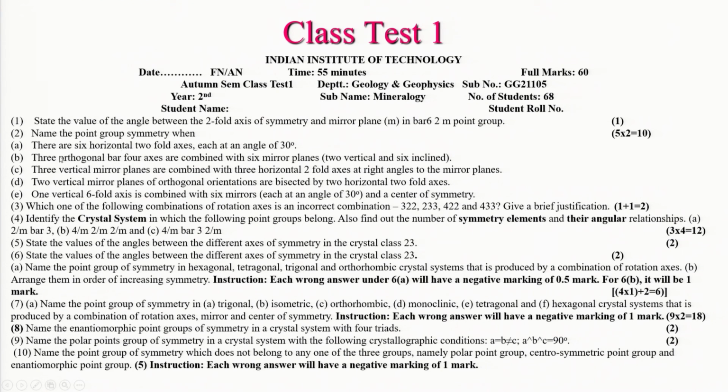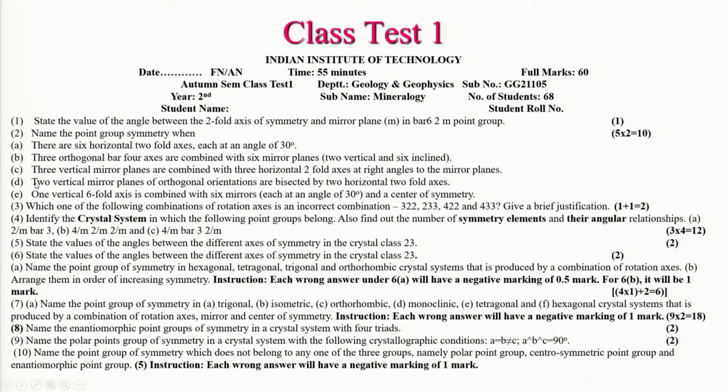B: if 3 orthogonal bar 4 axes are combined with 6 mirror planes, 2 vertical and 6 inclined, what will be the name of the point group of symmetry? Third one: if there are 3 vertical mirror planes combined with 3 horizontal two-fold axes at right angles to the mirror planes, what will be the name of the point group of symmetry?